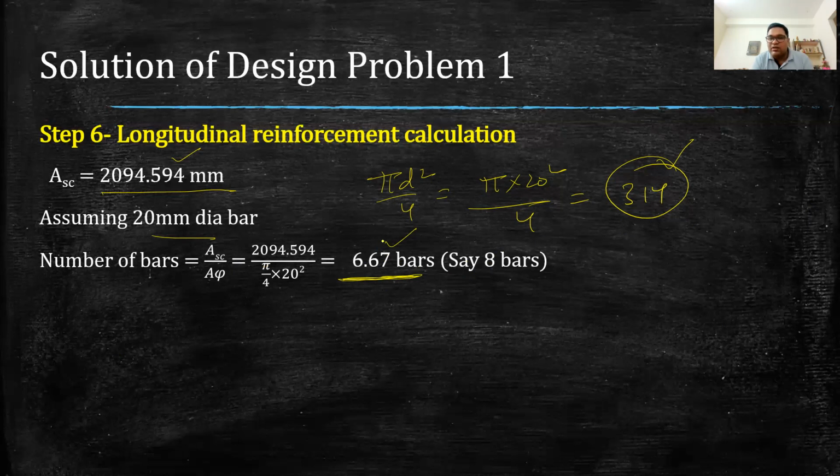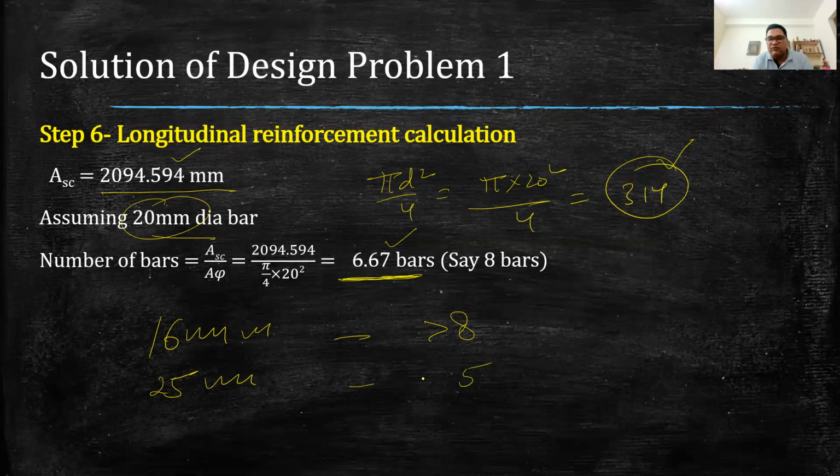So why I have not rounded off this number to 7, because minimum 8 bars are to be provided in our column in case of 20 mm dia bar. Now if we adopt 16 mm, then in that case the number of bars would be more than 8. If we adopt 25 mm dia of bar, in that case it would be around 5.